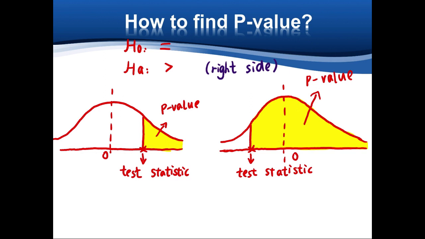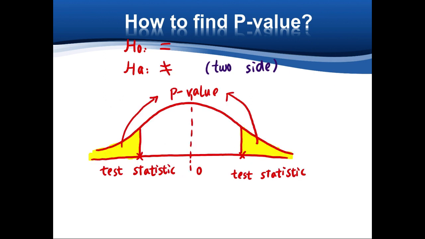So, the area in yellow is p-value. Lastly, if HA is not equal to, it will be two-sided. So after you calculate the test statistic result, mirror it to the other side and highlight the two-side areas. The area in yellow is p-value.